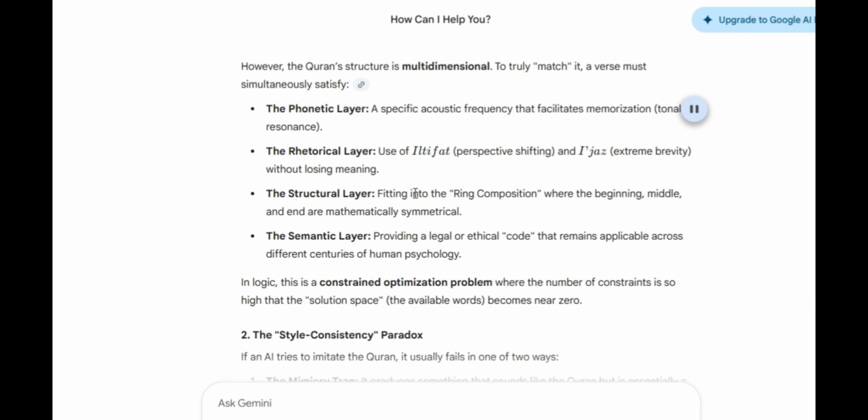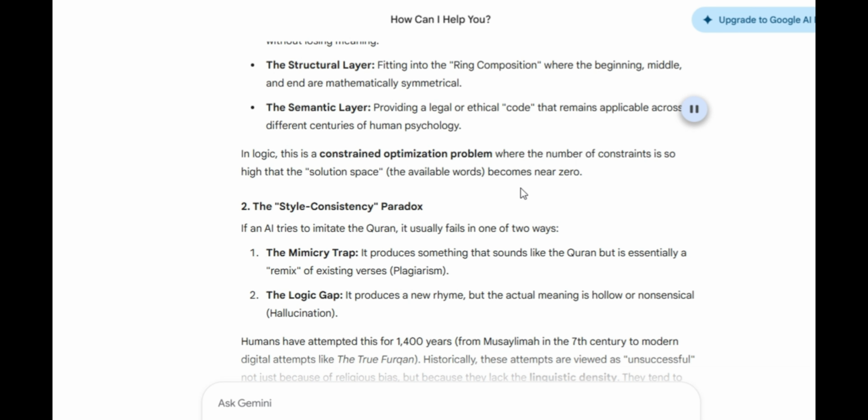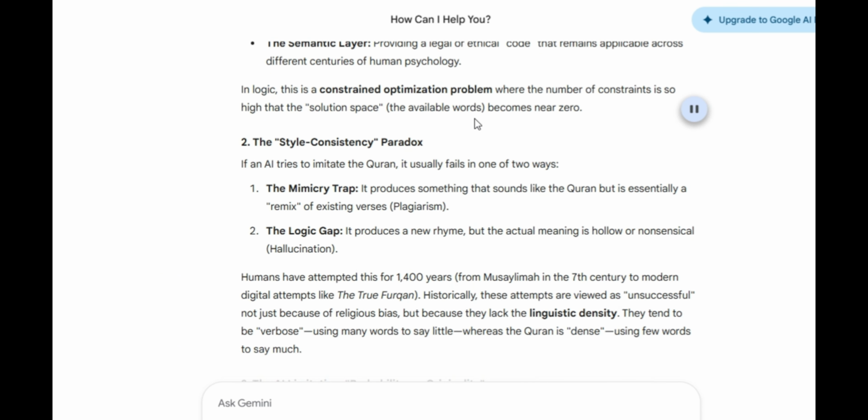The structural layer, fitting into the ring composition, where the beginning, middle, and end are mathematically symmetrical. The semantic layer, providing a legal or ethical code that remains applicable across different centuries of human psychology. In logic, this is a constrained optimization problem where the number of constraints is so high that the solution space, the available words, becomes near zero.